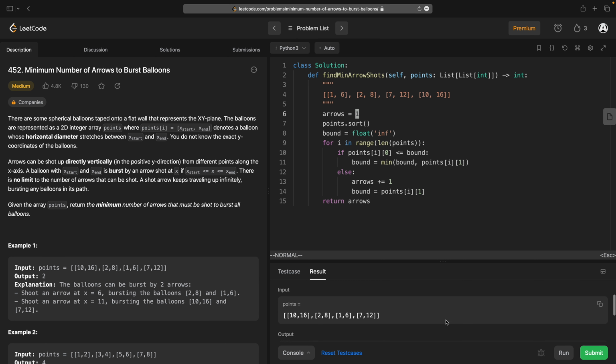Is that true for all of these? Off by 1, off by 1, off by 1, off by 1. Well, you know the saying, the two hardest problems in computer science are cache invalidation, naming things, and off by 1 errors. So let's try that again. Lo and behold, it works.